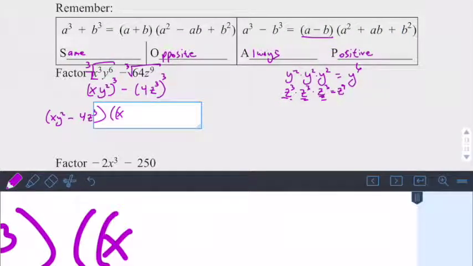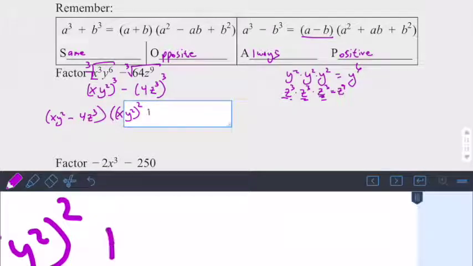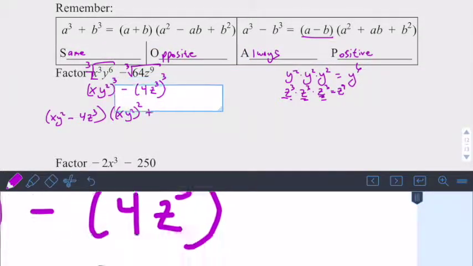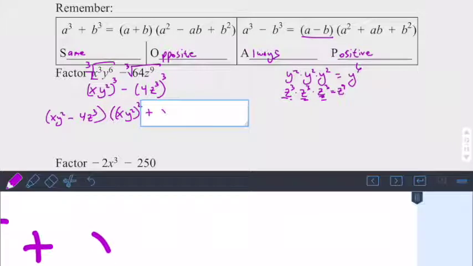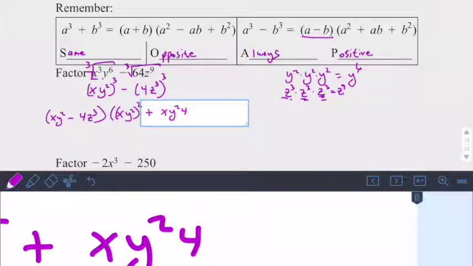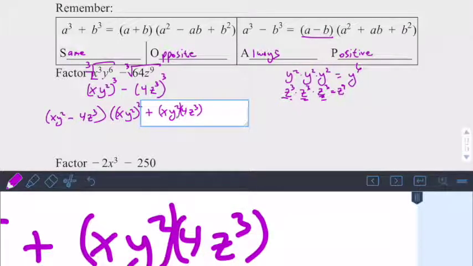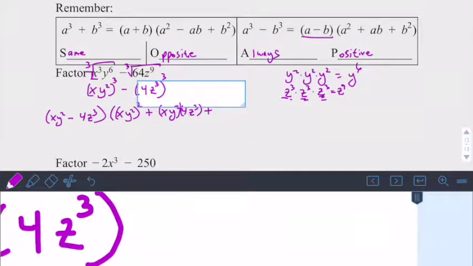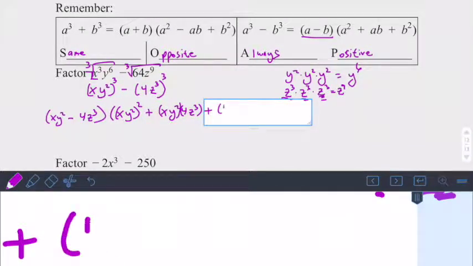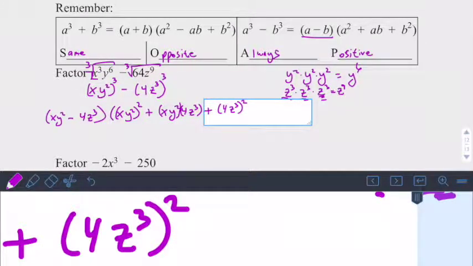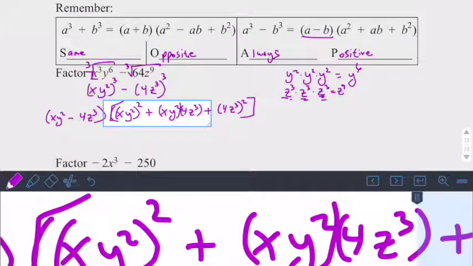A squared is going to have xy squared, squared, plus, right, opposite sign, ab, so xy squared times 4z cubed. And then always positive sign, b squared. So 4z cubed squared.